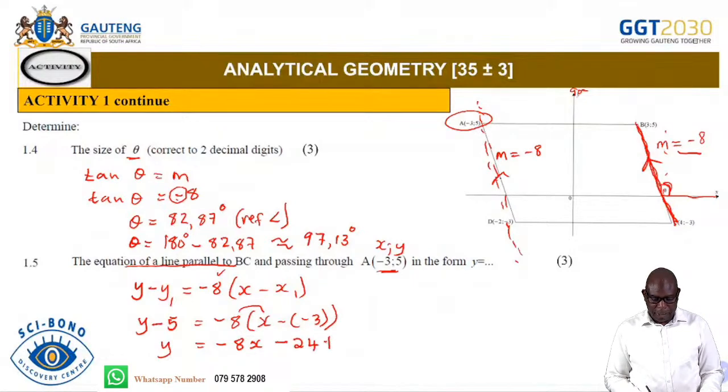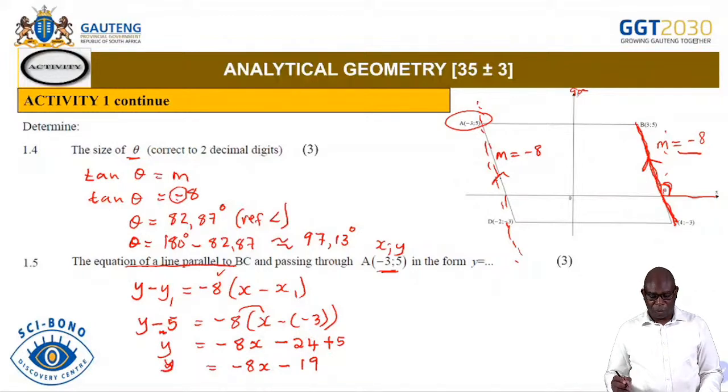But then I must add the 5 from that side. So my y value is going to be -8x, negative that will be -19. So my equation will be y equals -8x minus 19.